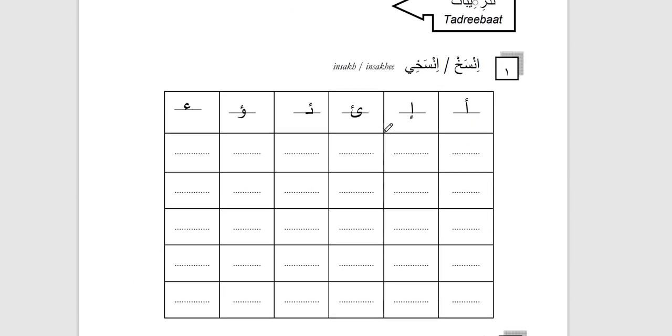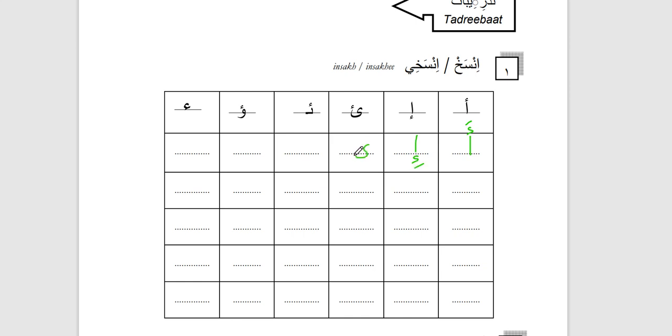And now we come to the first exercise of Hamza, writing Hamza. It's really very easy. So we write Hamza as an alif and putting the Hamza with fatha. If it is above the alif, it is with fatha, even though there is no haraka. We know there is a fatha because Hamza is above the alif. When Hamza is below the alif, I know that it is with kasra.